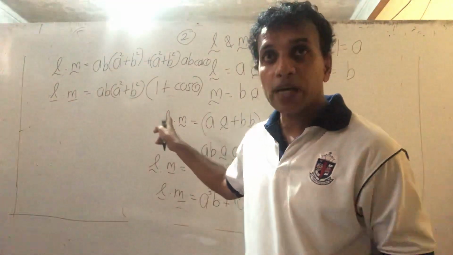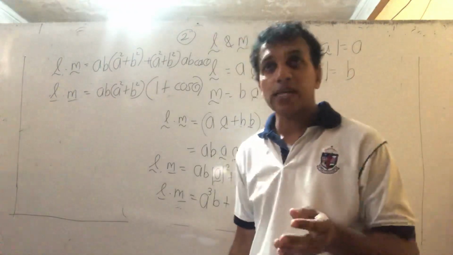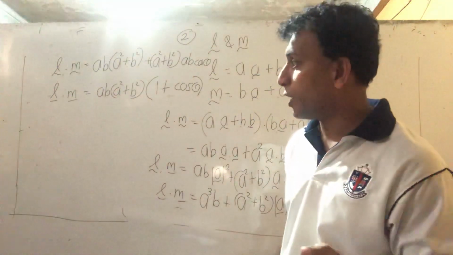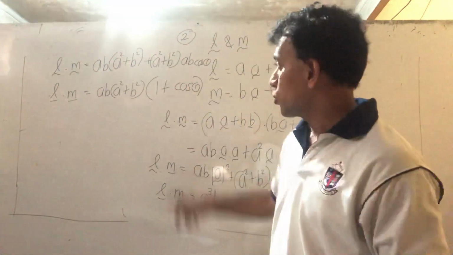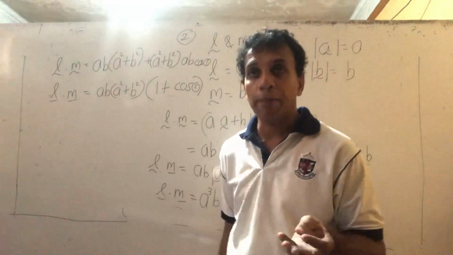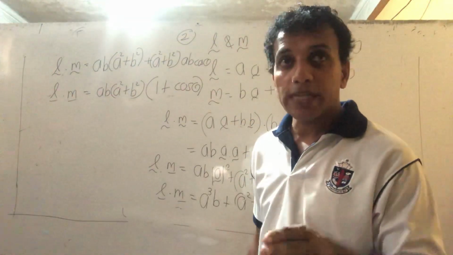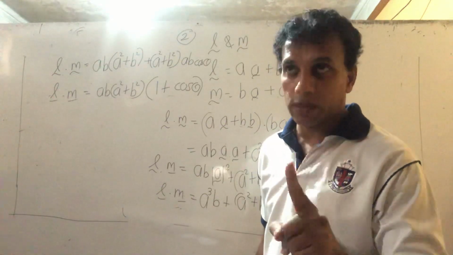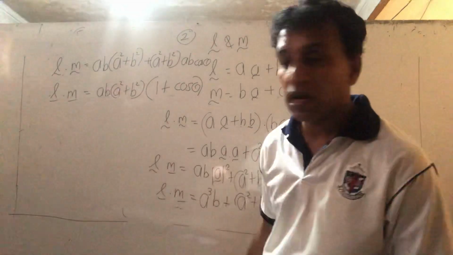When cos theta takes its maximum value, L dot M becomes maximum. But the cos theta maximum is 1. Then write the answer.